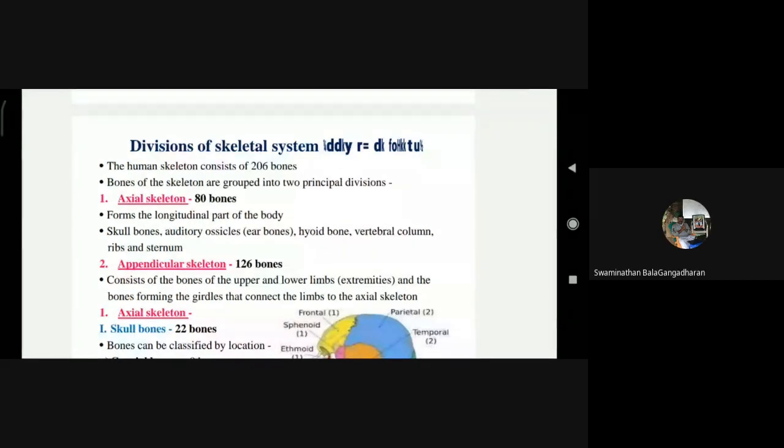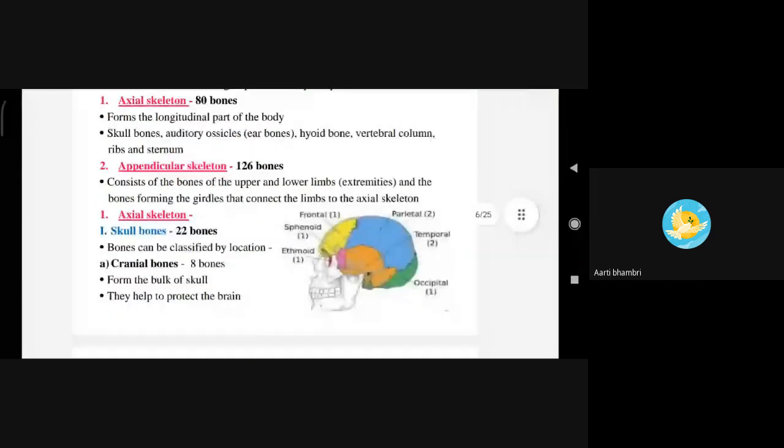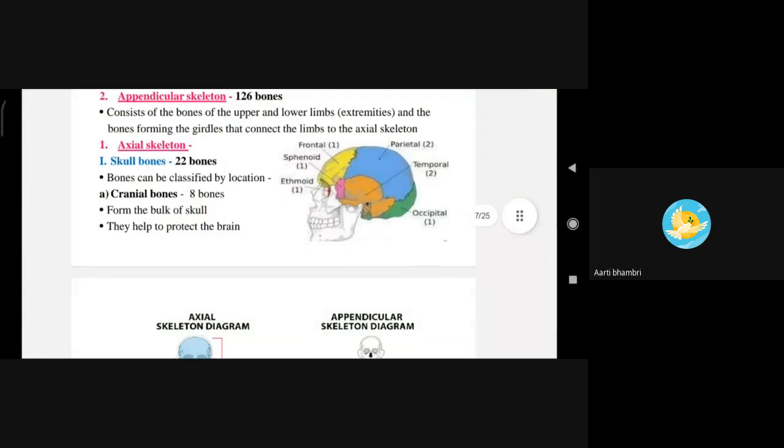So the center part of the body is made up of which type of skeleton system? Axial. Axial skeleton. Very good. So we will go for the divisions of the axial skeleton. Yes, is there any problem?